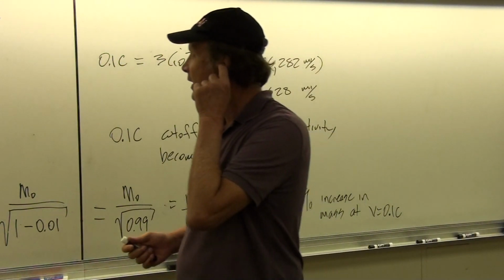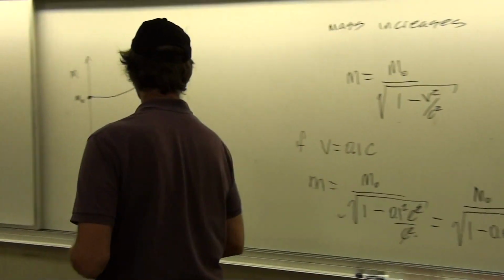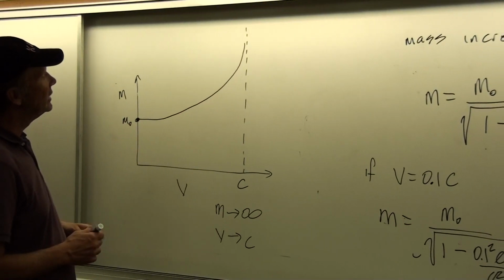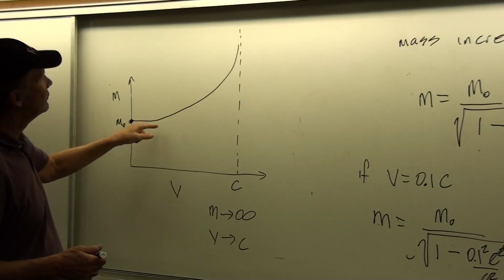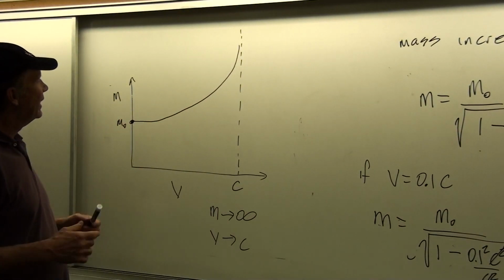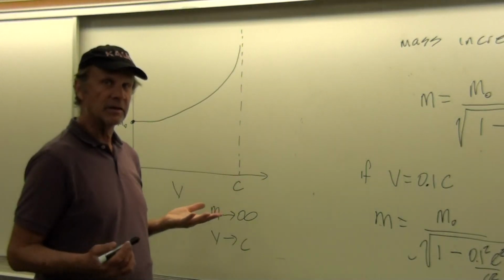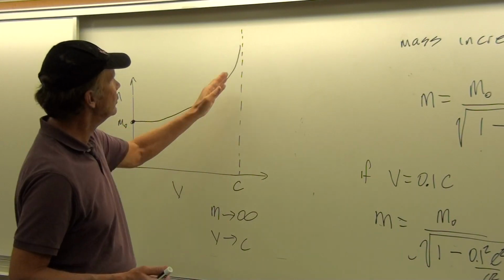Okay, so if we look at this then, we see that just conceptually, if you start accelerating a mass, usually we think in terms of the force as equaling mass times acceleration, but the mass stays constant. Okay, here the mass increases.